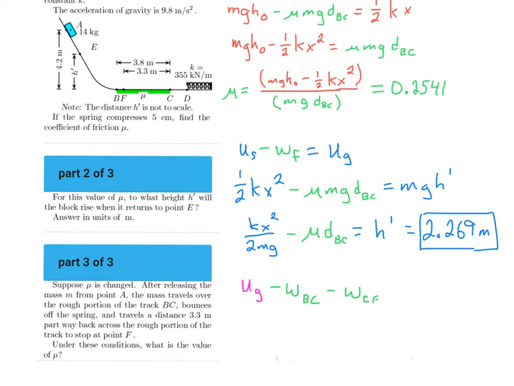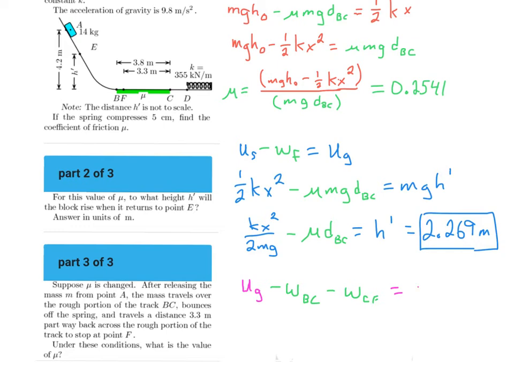So, it comes to a stop at F, meaning that all the energy that we started with at the beginning is going to get lost on the green section. So it loses a chunk of it on the first pass, and then it loses the rest on the second pass when it's backtracking.